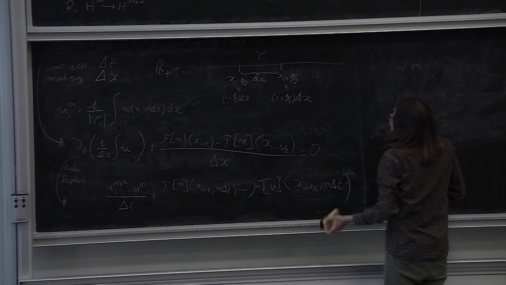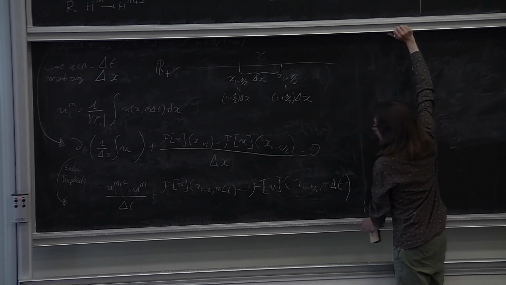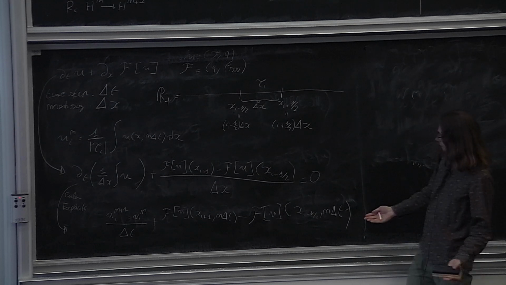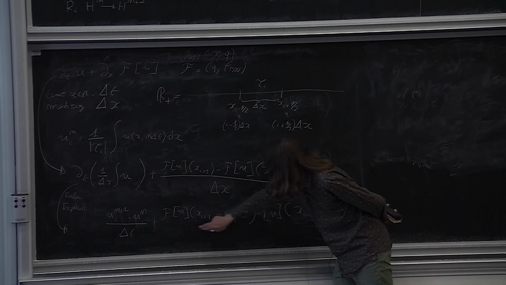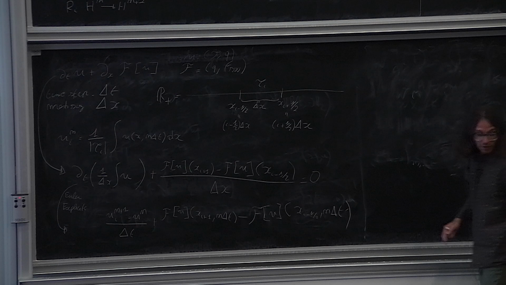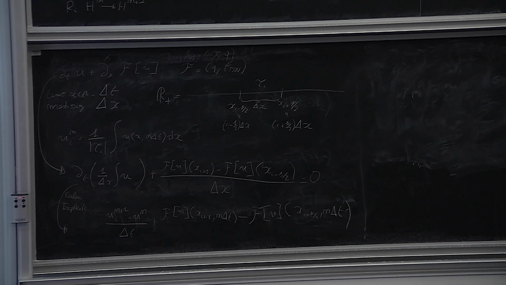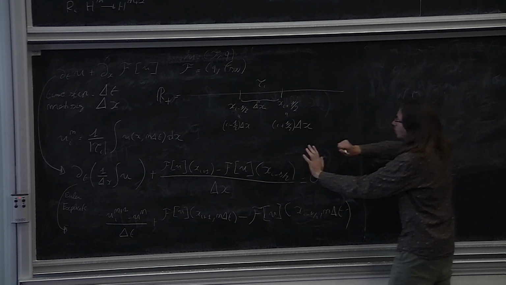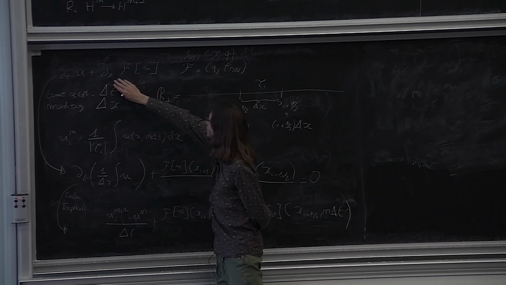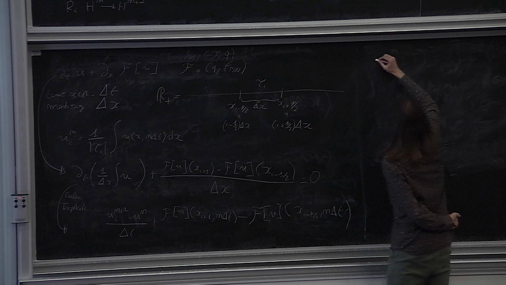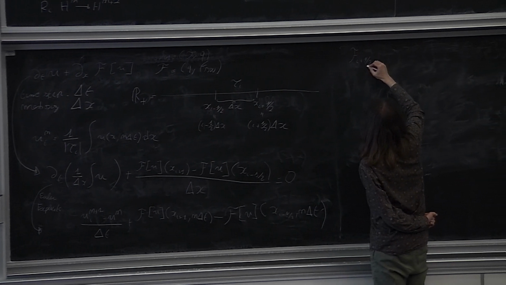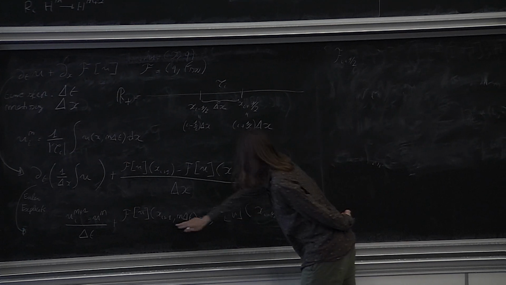Now, to conclude, I need to choose a good way to approximate the flux. There are several ways. In this case, where I only consider a local conservative law, I can say that I approximate the flux, for example, I take just this one and this one.